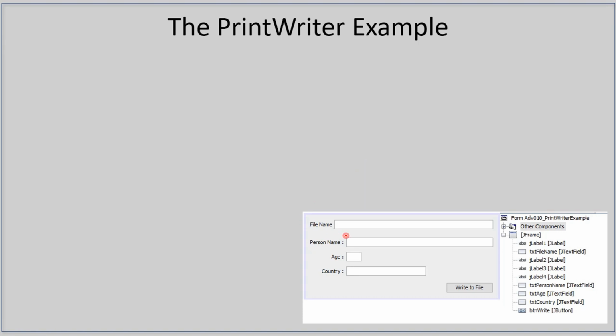So here you can see the form and its control names. Here I will just mark this is the text field, and you can see txtFileName. Then we have person name, and you can see here txtPersonName, then age, txtAge, then txtCountry.